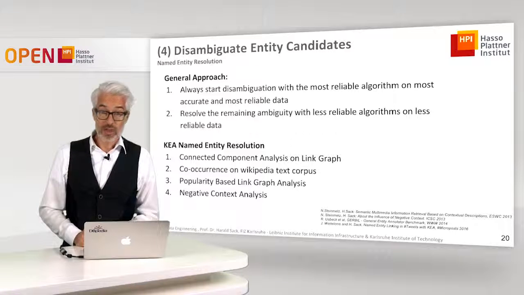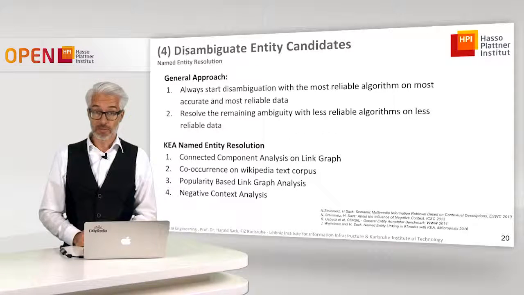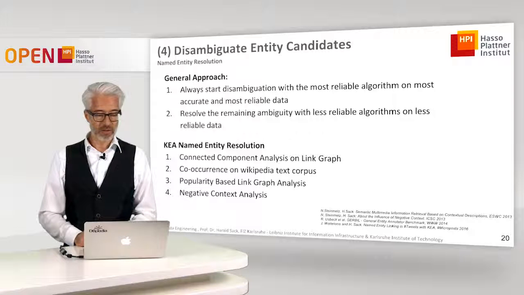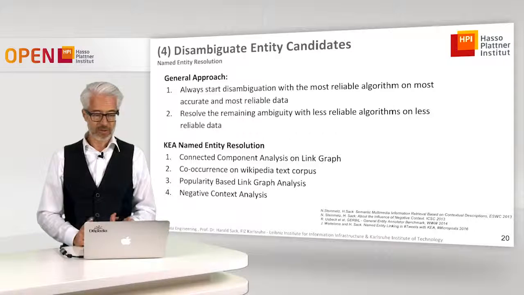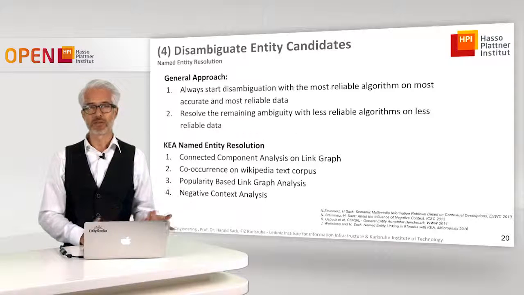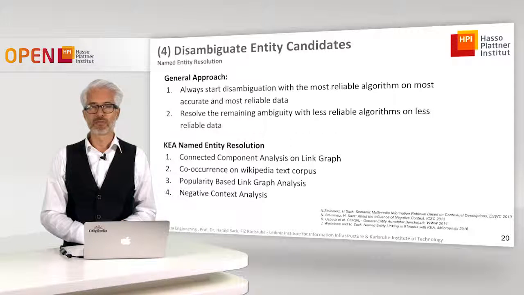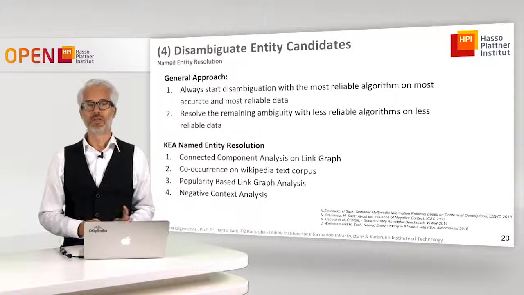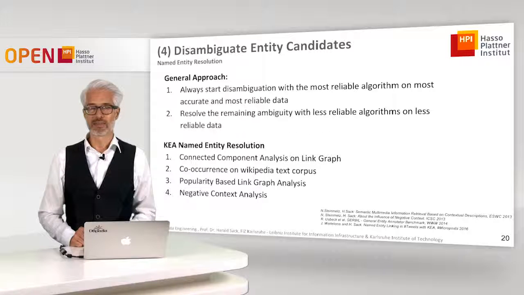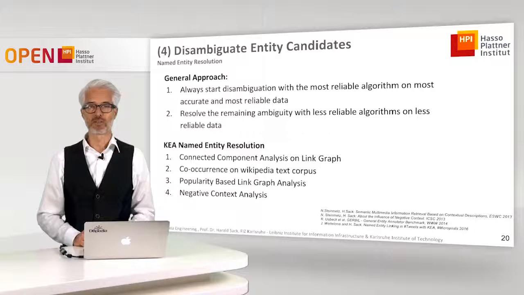In our research, we did research in exactly this area of named entity resolution, and we have a prototype which is called KEA, K-E-A, like the bird from Australia. And this does a connected component analysis on graphs, it does a co-occurrence analysis on a Wikipedia text corpus, it does a popularity-based link graph analysis, and it also does something which is called negative context analysis, which means we try to find out what it cannot be under any circumstances, and we simply exclude those things from the possible candidates.